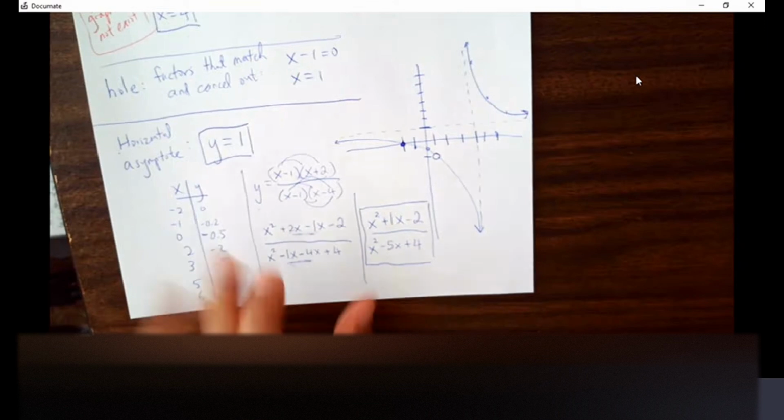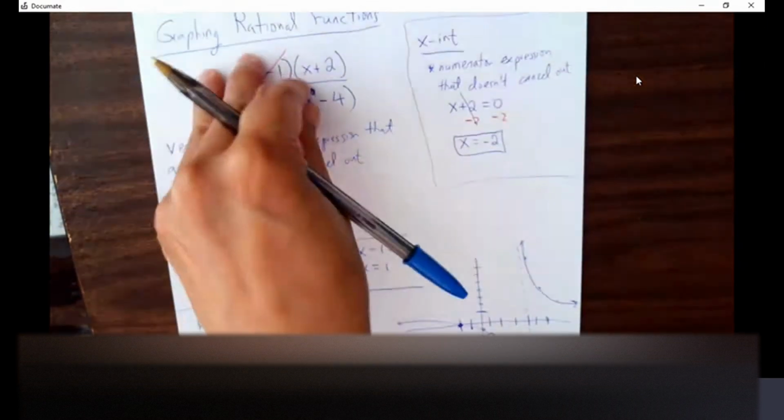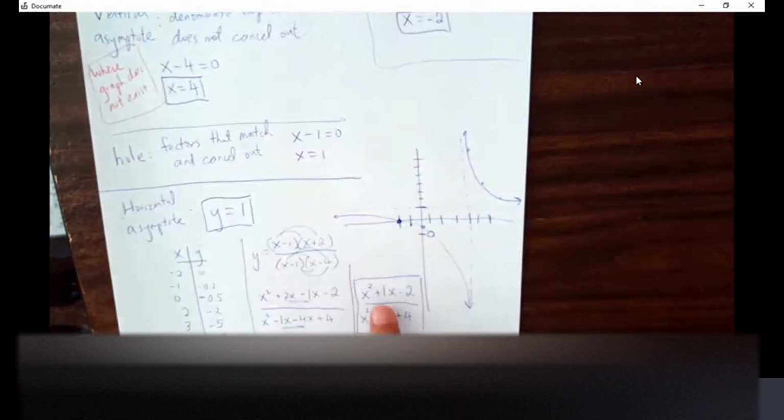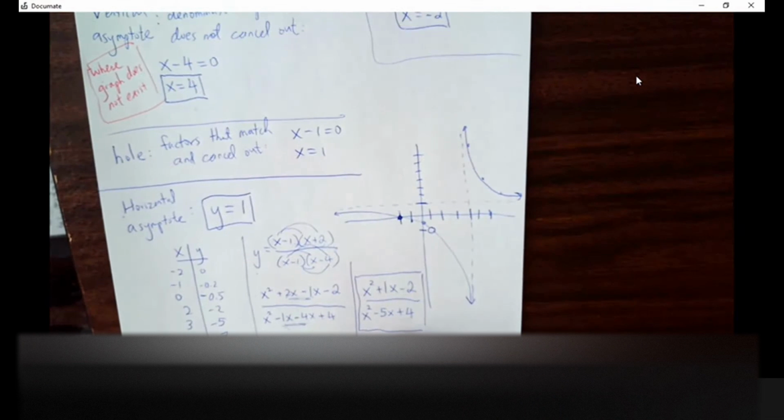So that's standard form. After you create your factored form, you're going to have to FOIL it out and get it down to a standard form like that.